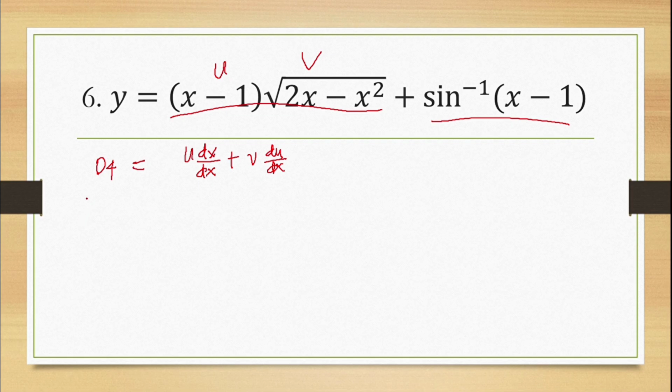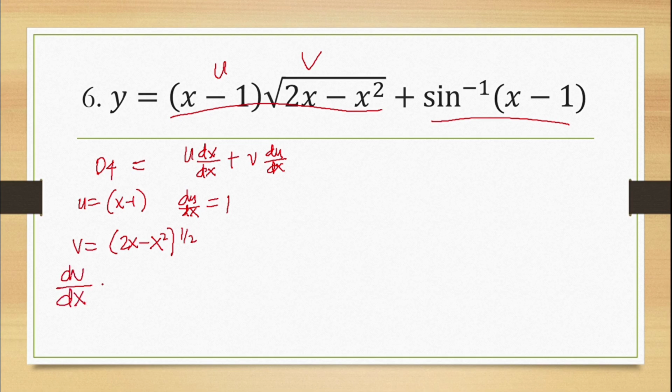So now, by the use of this part, we take first our u, which is x minus 1. Our du over dx is equal to 1. So first, you have your v. V is equal to 2x minus x squared raised to 1 half. So we're going to take the derivative of v with respect to x.